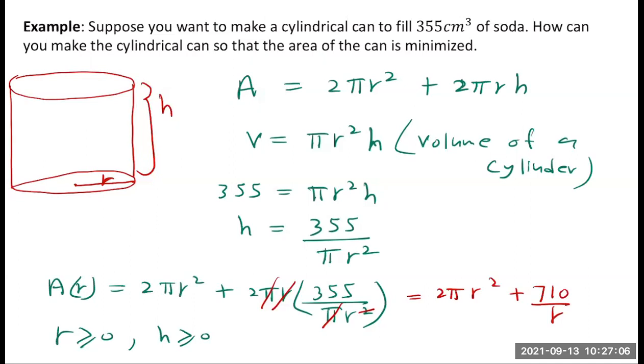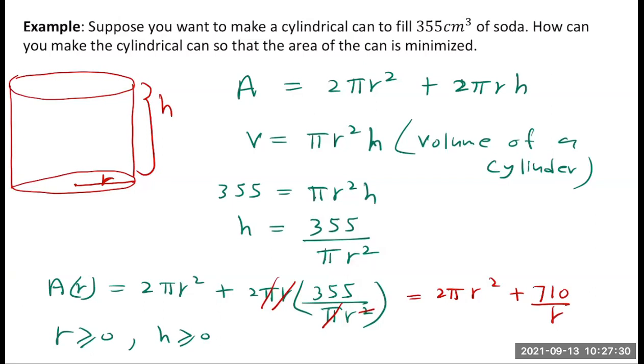H greater than or equal to 0 means this quantity is greater than or equal to 0. With r greater than or equal to 0, that means r can be anything. When you say h is greater than or equal to 0, r can be anything between 0 and infinity.